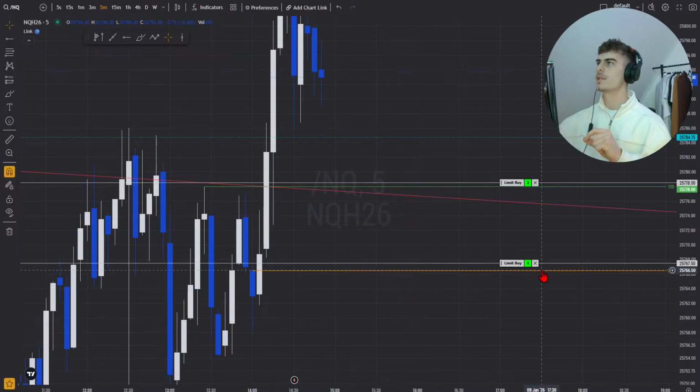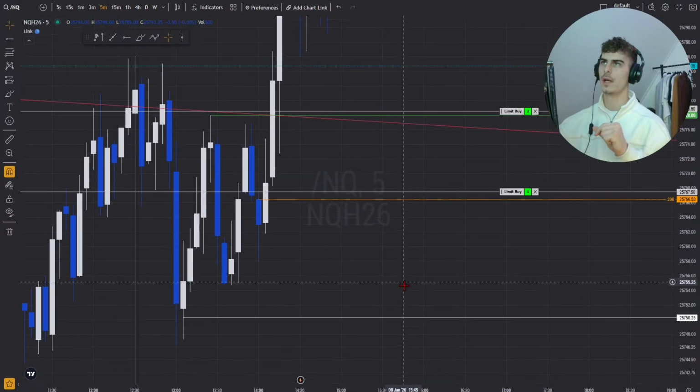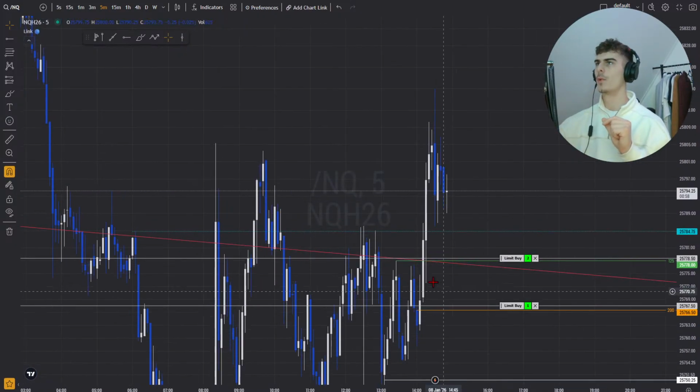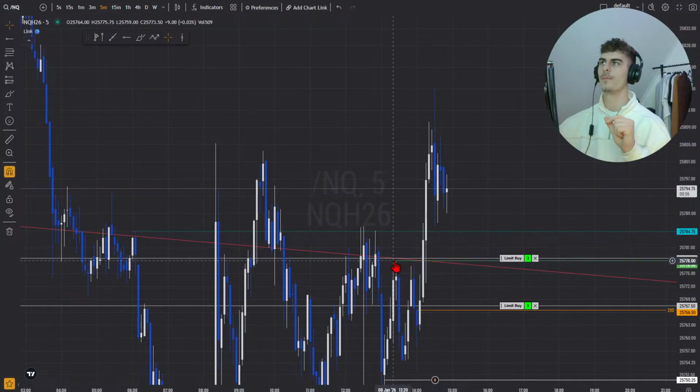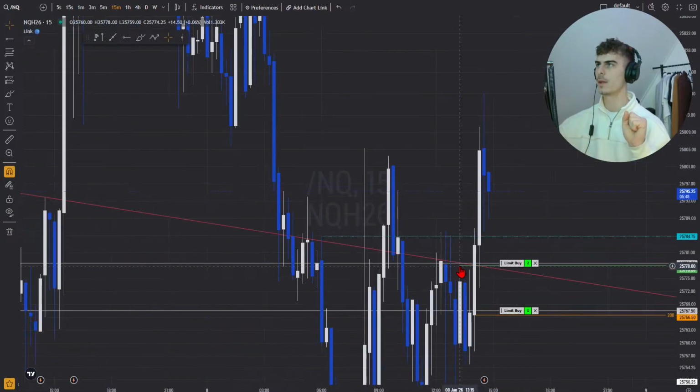I'm not gonna take this one with 2 lots because it's a $200 stop loss, because we have this level down here as well. My experience is just that we hit this wick right here and then move up, or some wick up here. My experience is more so saying that we are hitting this wick.